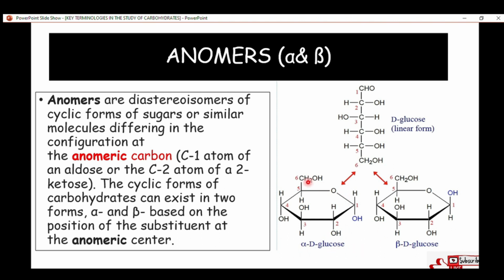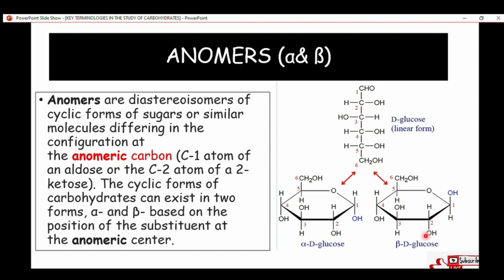Okay, so when the hydroxy group is in the opposite direction to this functional group over here, the CH2OH, then we have an alpha D-glucose.